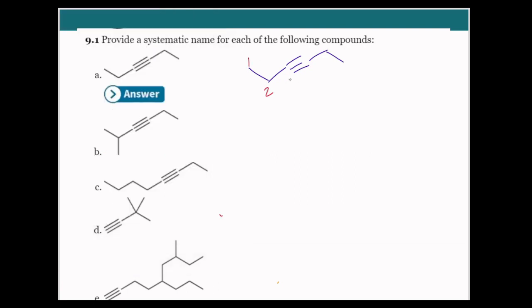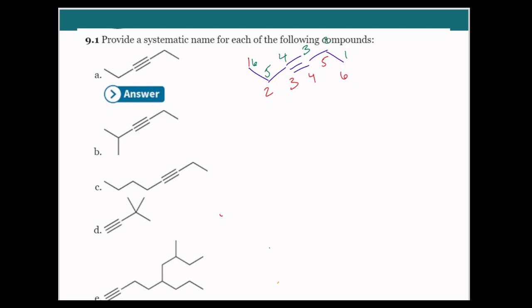1, 2, 3, 4, 5, 6. So I would number them this way along the red path. Let's try a different path. We just went from left to right, so let's go from right to left. 1, 2, 3, 4, 5, 6. Okay, so we have the same numbers for our alkyne functional group, whether we number from left to right or right to left.